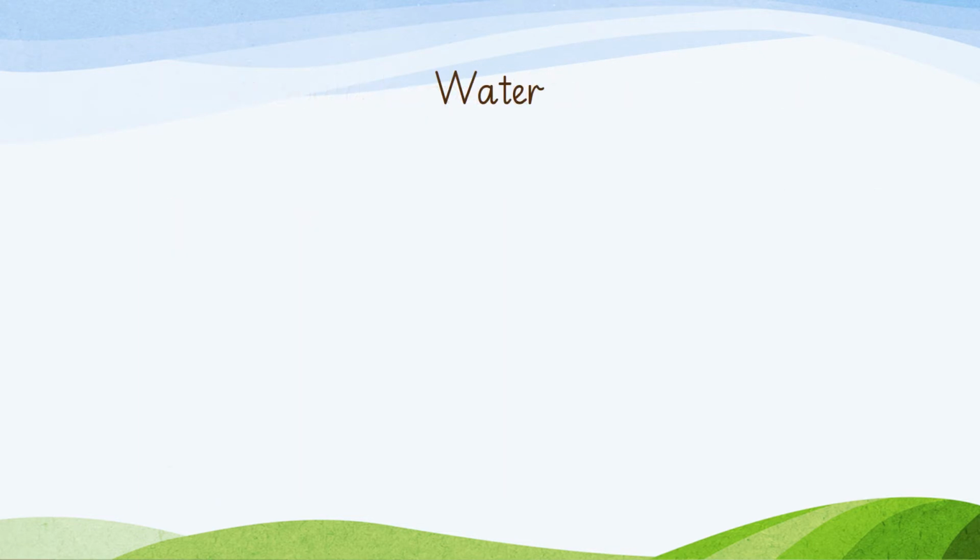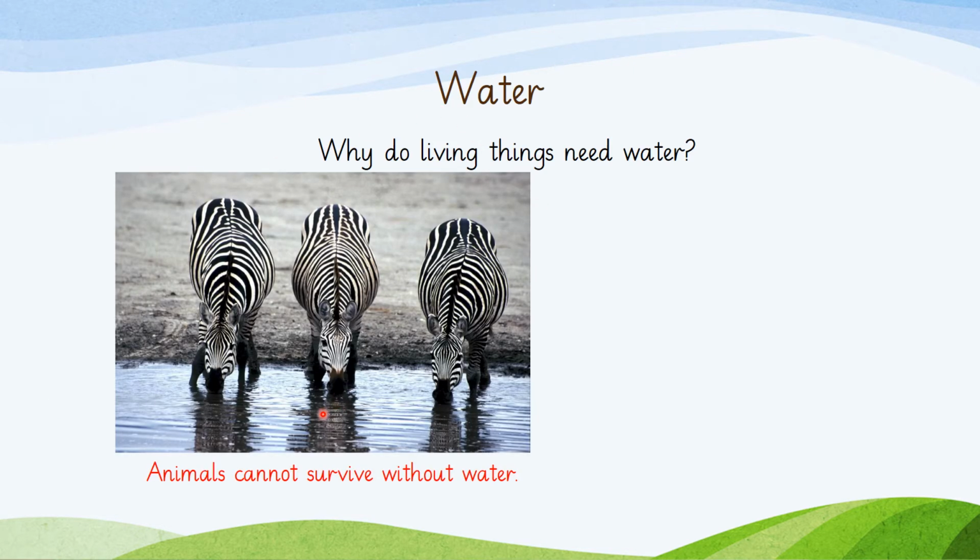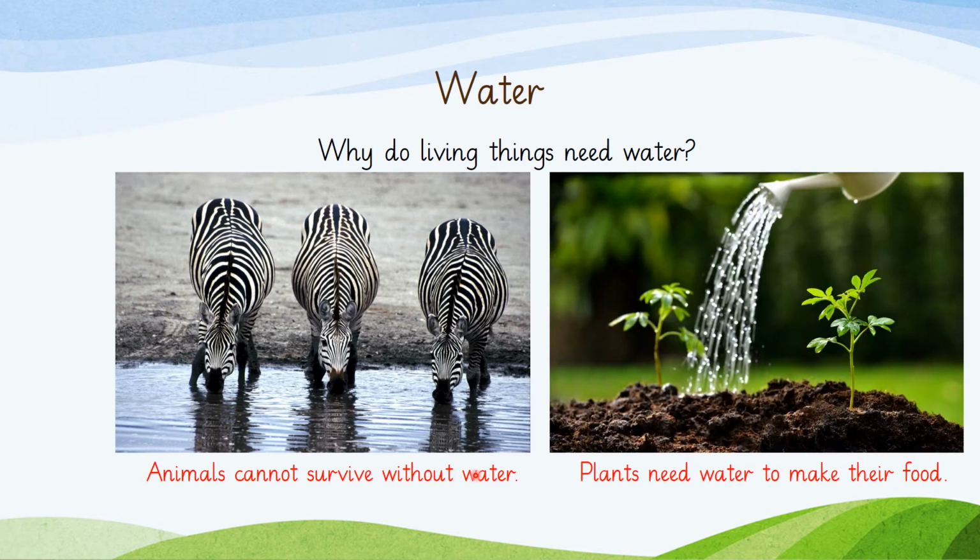Water is another important factor of life. Why do living things need water? Animals cannot survive without drinking water, and plants need water to make their food. So without water, plants and animals cannot survive.